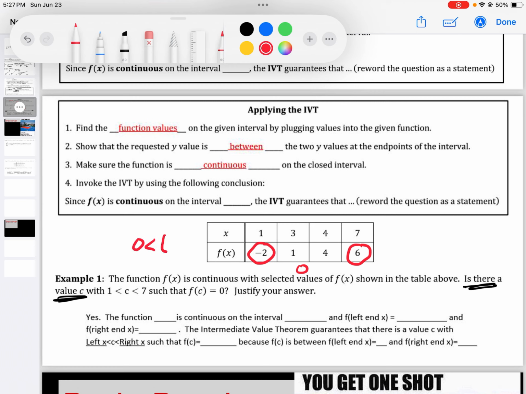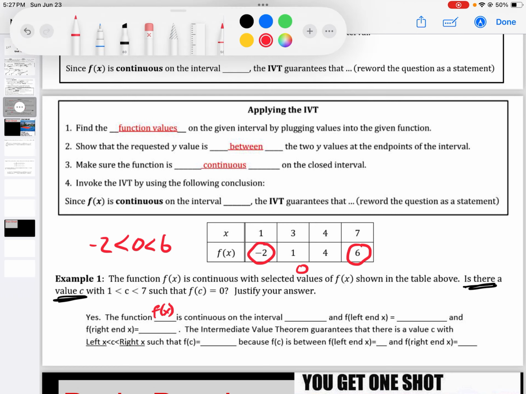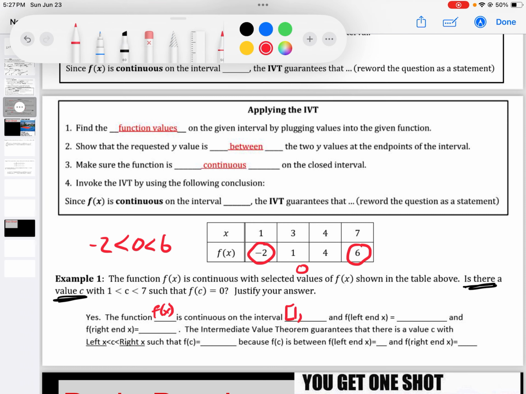Well, yes, because 0 is in between 6 and -2. So our y value that we're looking for is in between the y values of the endpoints. So there has to be a c number in there somewhere. And then we say, yes, the function f of x is continuous on the closed interval 1 to 7, so the x numbers.